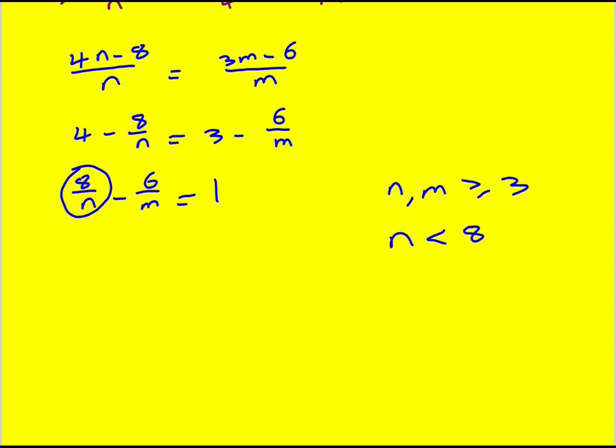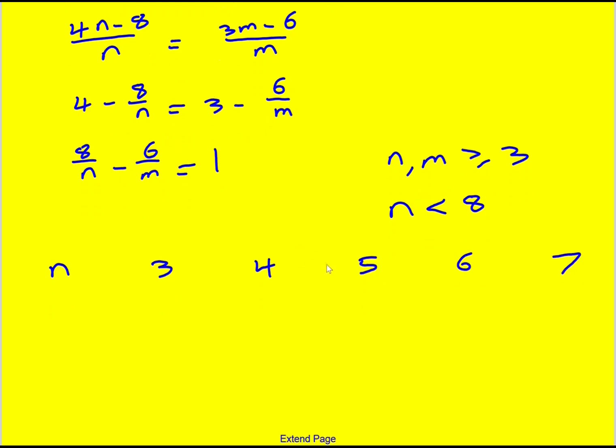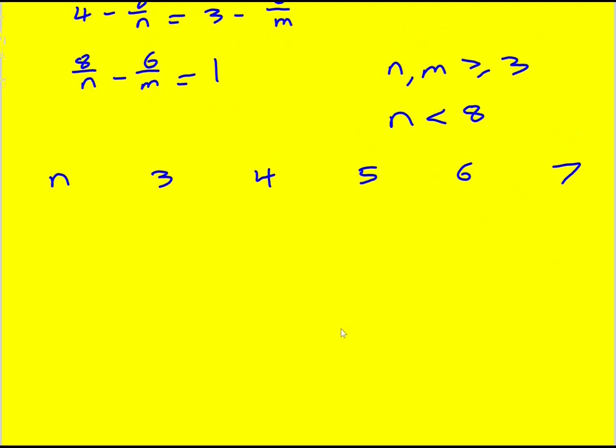If I had 9, I'd have something that was less than 1, and then I'm minusing something. So I can just look at a few different cases. We can look at n equals 3, 4, 5, 6, and 7. And then we're just going to sub in each time and then work out if m is a whole number. Okay, you can see it's not ideal, but look, it's going to work.